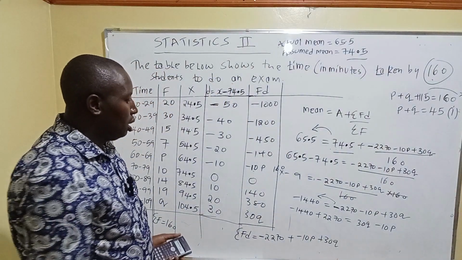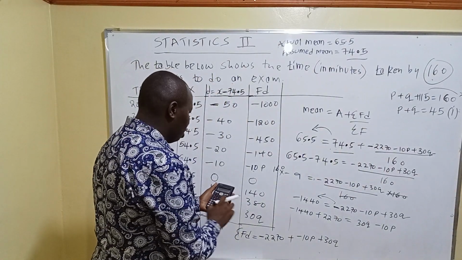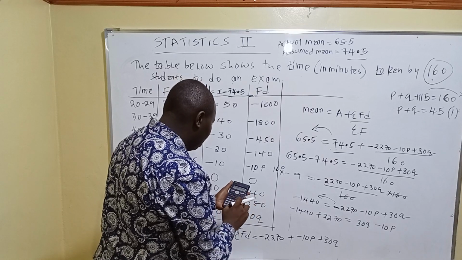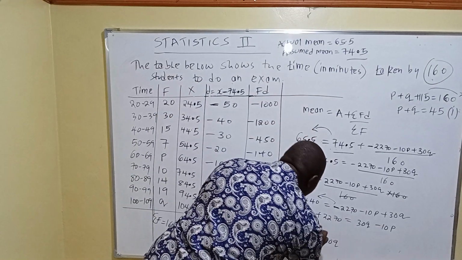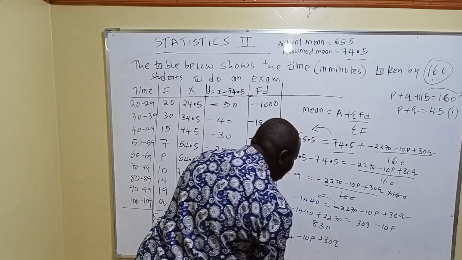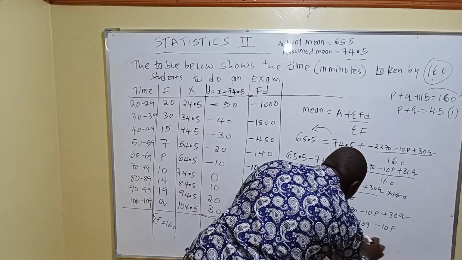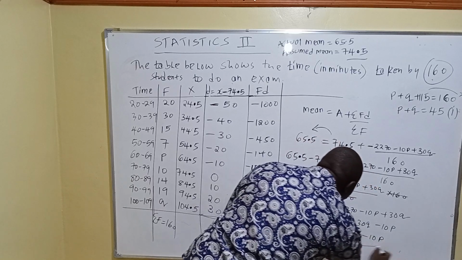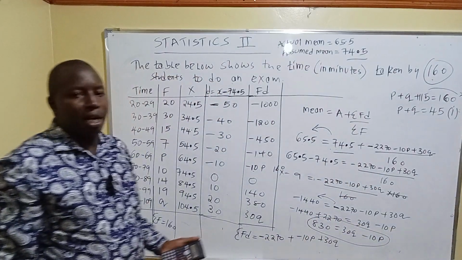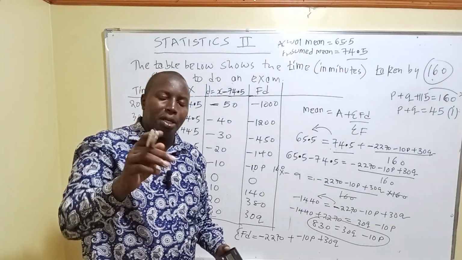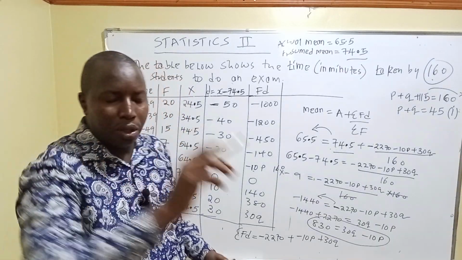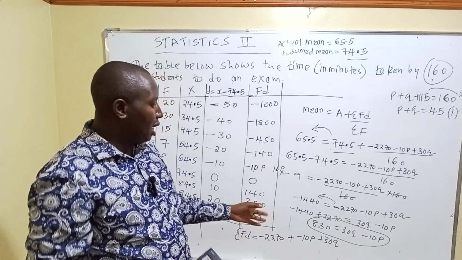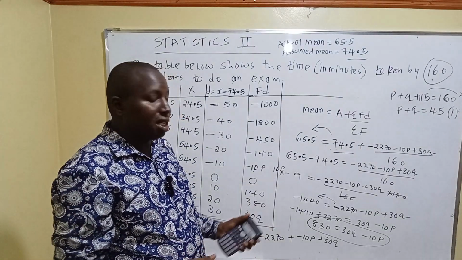So negative 1440 plus 2270 becomes 830. 830 is equal to 30Q minus 10P. We are forming the second linear equation.